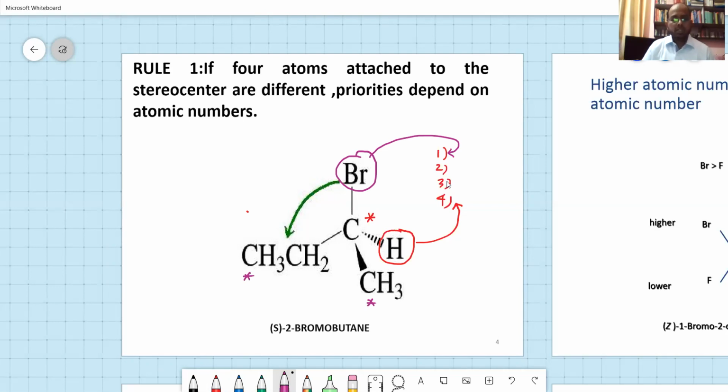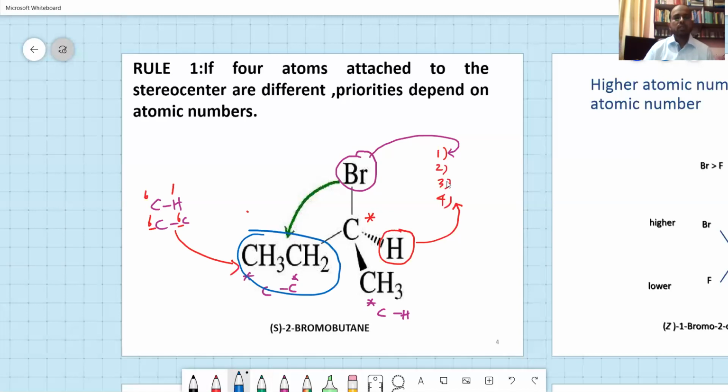Now this carbon is attached to C, H, whereas this carbon is attached to C, C. So you have to compare CH with CC. C is 6 and this is also 6. This is 1, this is 6. Now 6 is attached to 6, therefore this will have the top priority and this will go to the second position. And CH3 will go to the third position.